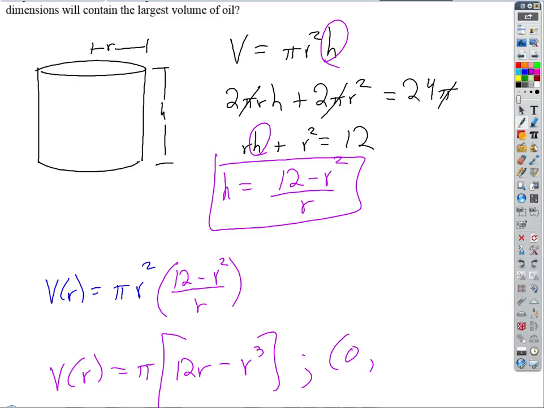This is a good way to think about this. Remember, these two variables are almost always going to be antagonistic, inversely related. As r gets bigger, h gets smaller, and vice versa. As r goes to 0, h gets big. As h goes to 0, the end caps get bigger. Well, what's going to be the limiting case there?